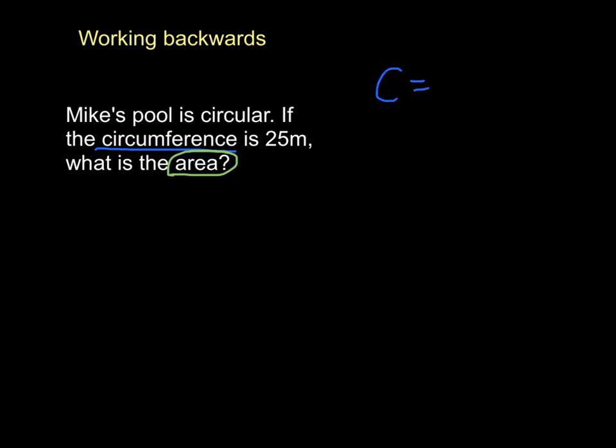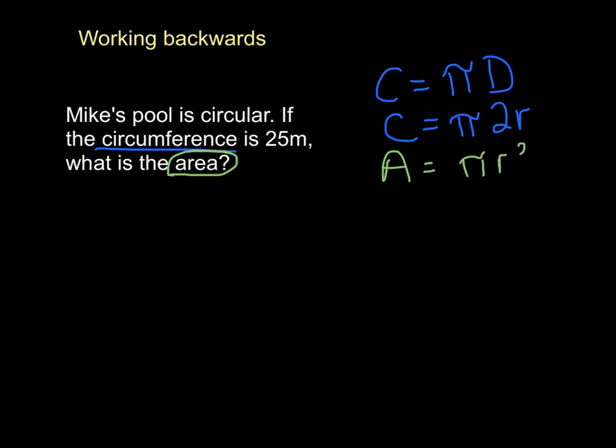Circumference is equal to pi times the diameter. And I also know that circumference is equal to pi times 2r, because diameter is equal to 2 times r. And now for the area, I know my formula, area equals pi r squared.